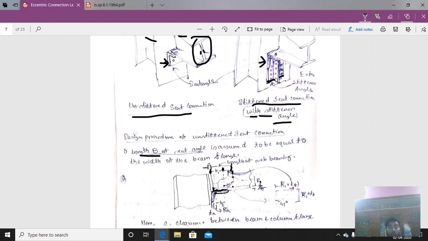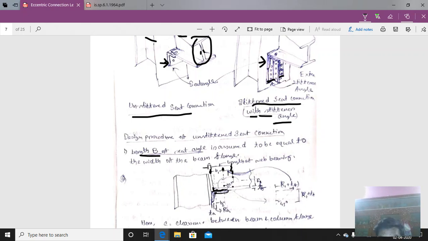It is very important to understand that when we are discussing the length of the web bearing, we are taking into consideration the bearing of the web of our connecting beam.